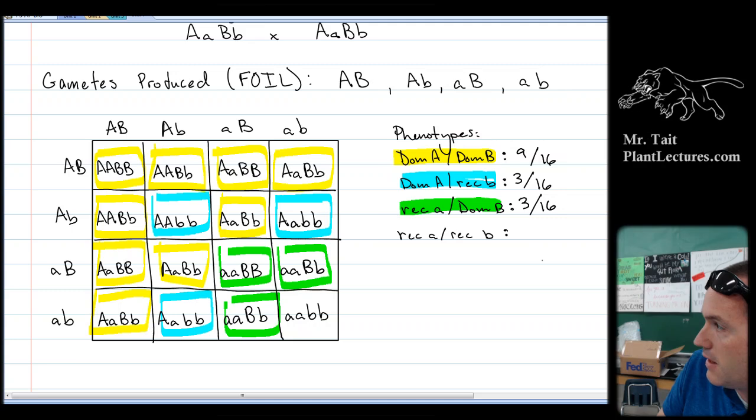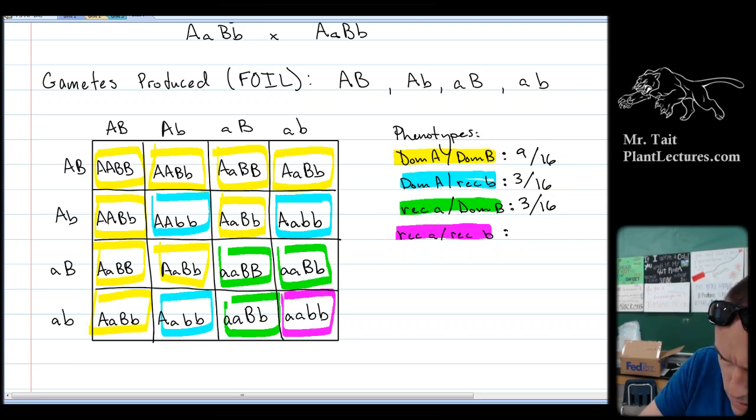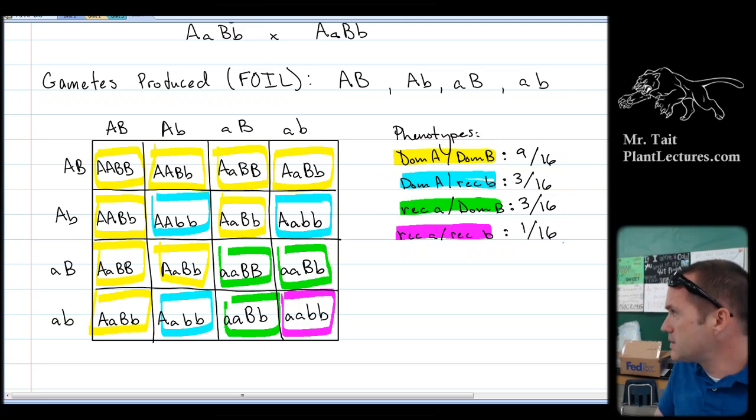And then finally, recessive A, recessive B, 1 out of 16.